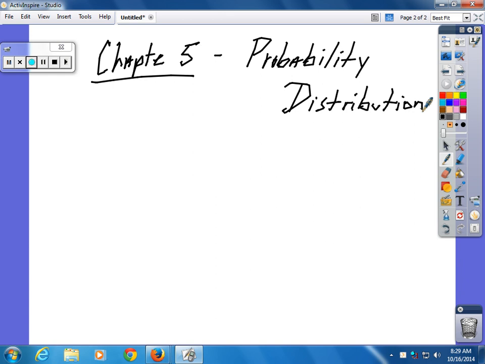Okay, in chapter 5, we're starting with probability distribution. With probability distribution, we are going back to the frequency distribution from back in chapter 3.